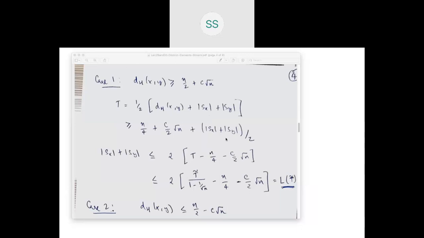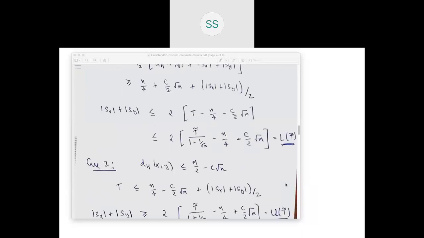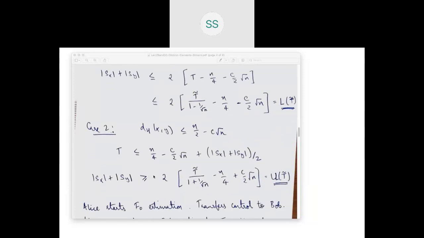So we can get that sx plus sy is at most t tilde divided by 1 minus 1 by square root n, minus n by 4 minus c by 2 square root n, which we call lt tilde. And in the other case, you get a similar inequality: sx plus sy is at least 2 times t tilde divided by 1 plus 1 by square root n, minus n by 4 plus c by 2 square root n, which we call ut tilde. And now we are going to show that ut tilde is greater than lt tilde.